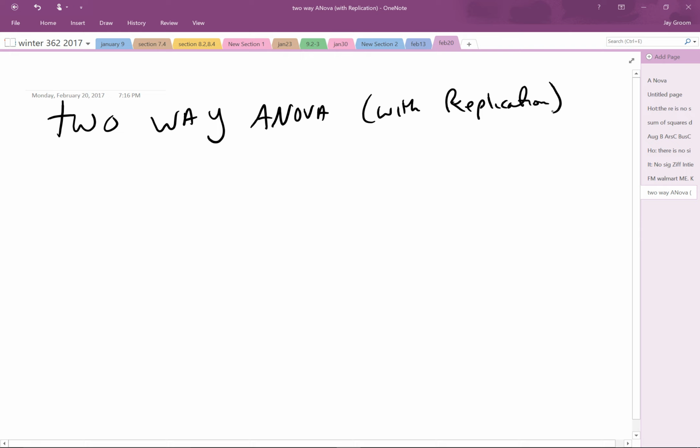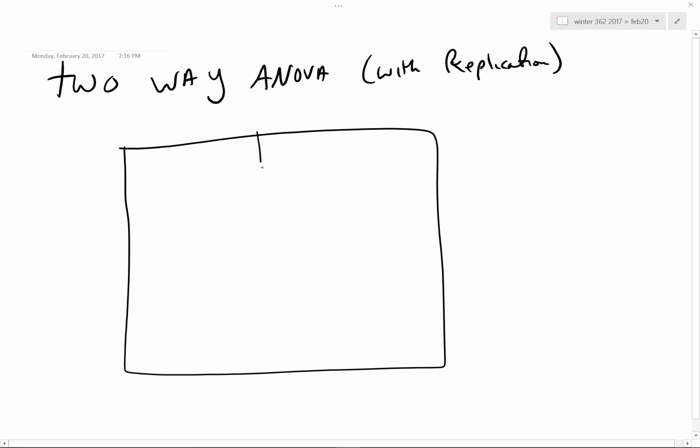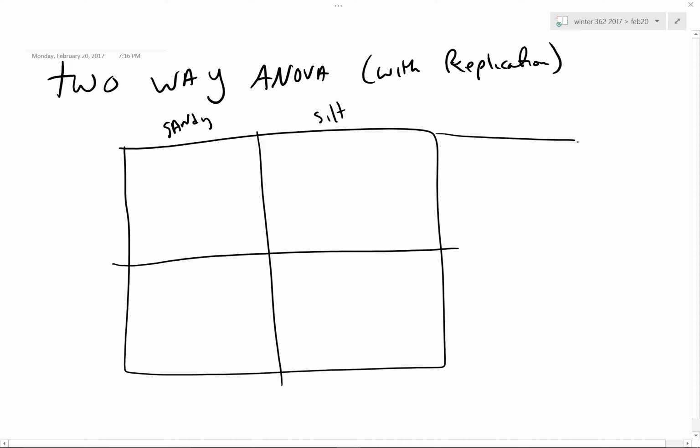It's always with replication. So it'd be the idea of, I know for the science fair I'm going to grow plants in sandy soil versus, I don't know, a nice silt soil. And then maybe a loam too.